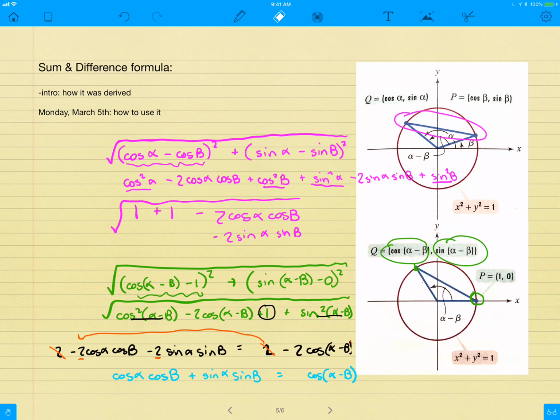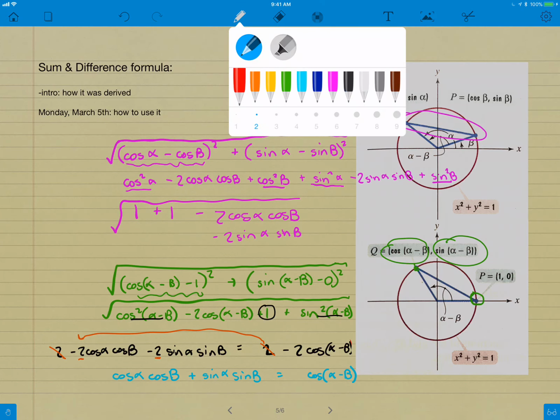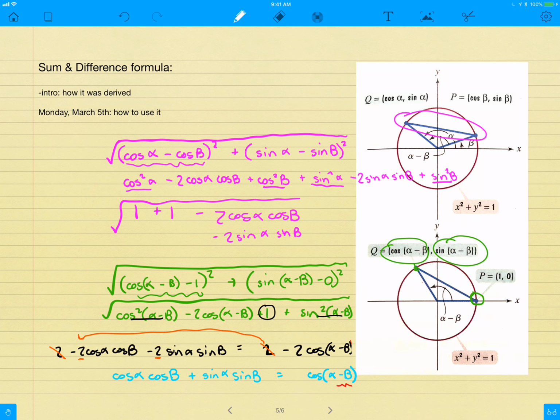Now, that's how we can find the values of cosine when you want to subtract angles on the inside. So let me highlight that here. If you had two angles that you wanted to subtract, maybe to make 70 degrees, you could go 90 minus 20, right? That's 70.